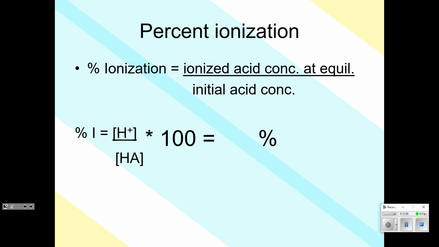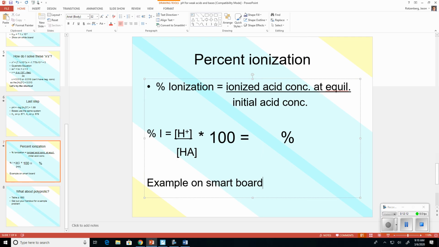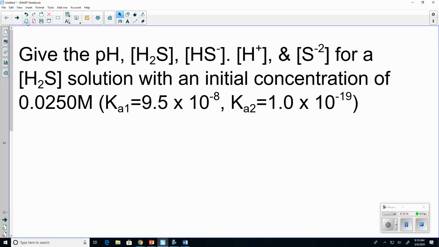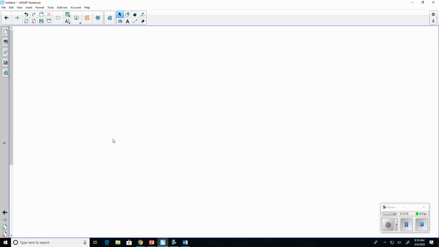So there's more than one way that you can actually figure this out. And I'll actually just show you an example from what we did on that WebAssign problem that's up on the whiteboard.